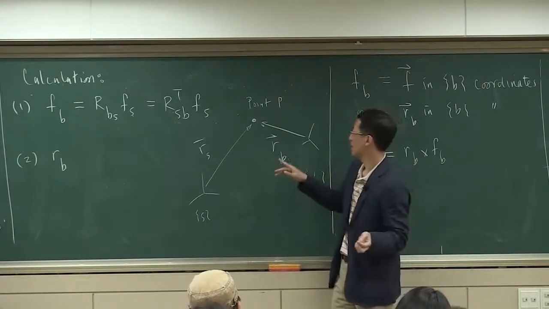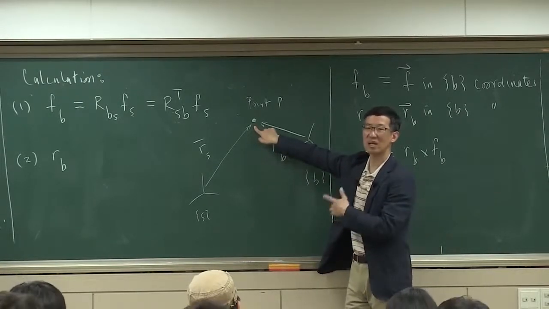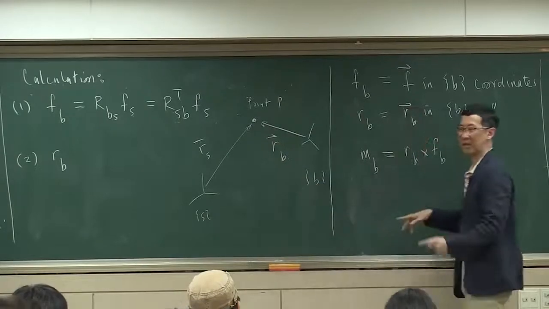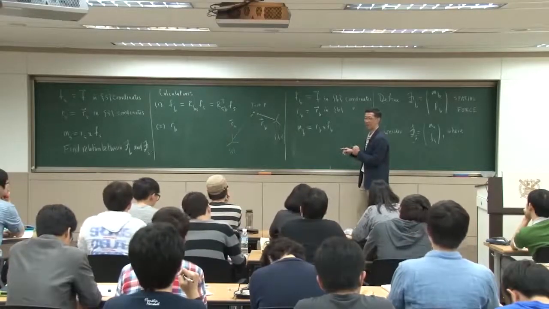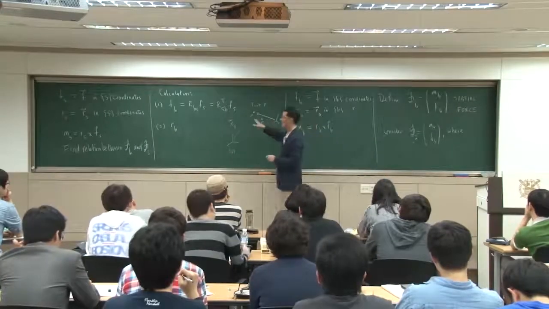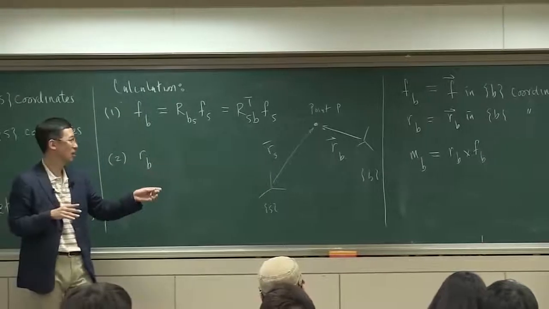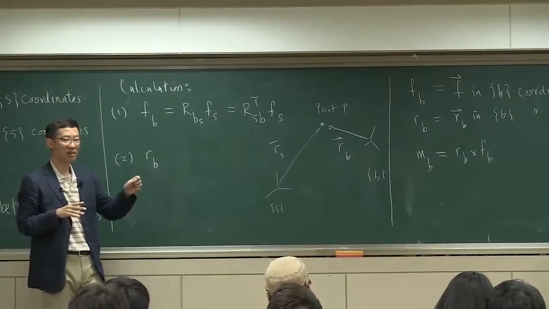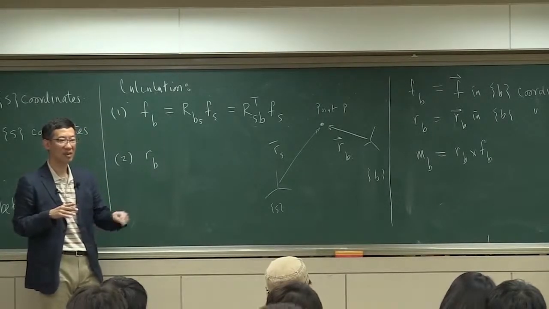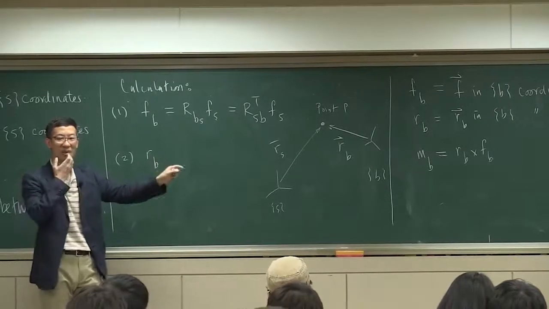Remember we said there's a point in space. Write the coordinates for this point standing at frame B. Call that r sub b. Now the same point in space, let's write the coordinates for that same point from the S frame. Call that r sub s. What is the relation between r sub s and r sub b?